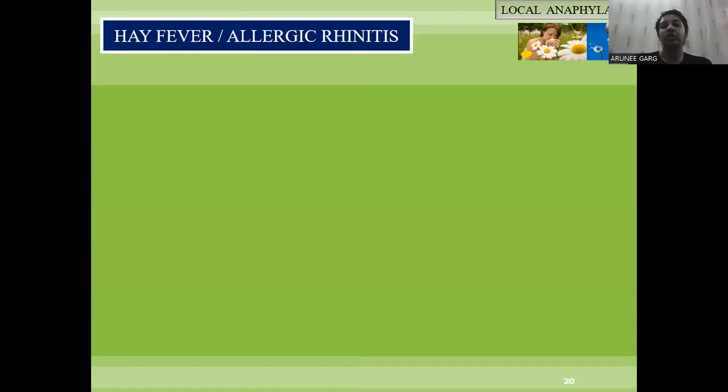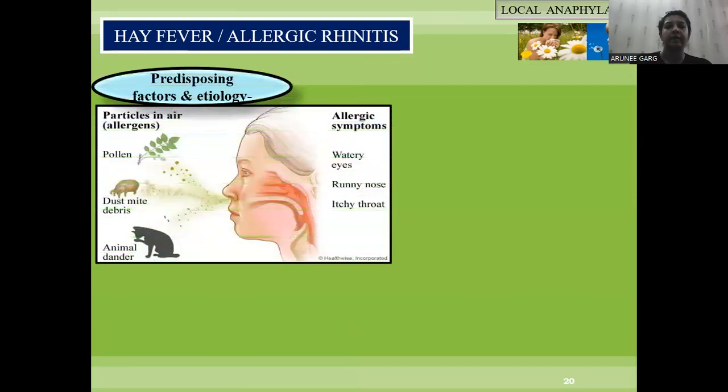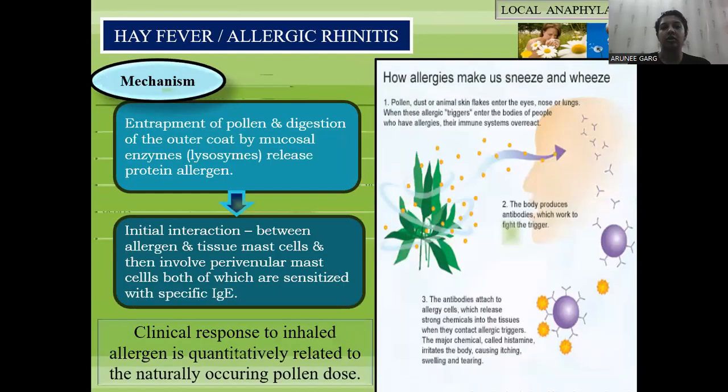Hay fever or allergic rhinitis, as I said, inhalation or ingestion causes a local anaphylactic reaction. The predisposing factors are again pollen, dust mites, or animal dander, which when inhaled cause symptoms like watery eyes, runny nose, and itchy throat. Now, the mechanism is entrapment of pollen and digestion of the outer coat by the mucus and enzyme lysozyme, which releases a protein allergen.